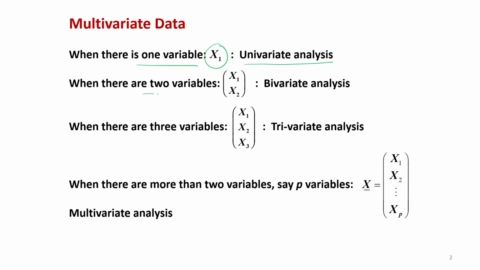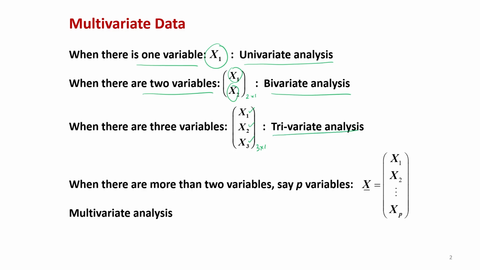Similarly, when we have two variables, we represent them as x1 and x2 in a 2 cross 1 vector and we conduct the bivariate analysis. Bivariate analysis has importance because we study the role of x1 and x2 individually as well as jointly. Similarly, when you have three variables, we represent them as x1, x2 and x3 in a 3 cross 1 vector and we conduct the trivariate analysis.